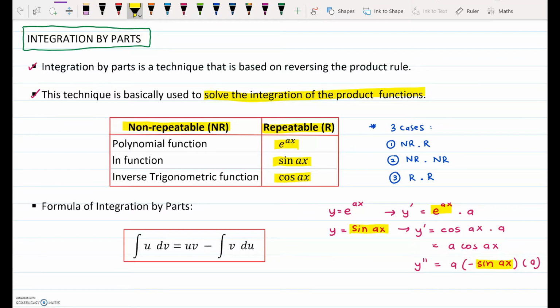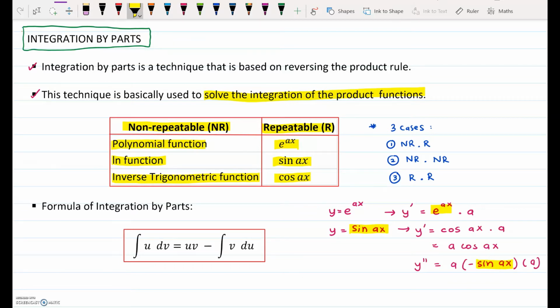That is why we call these three repeatable functions. As for the non-repeatable functions, we have polynomial functions, the ln function, and also inverse trigonometric functions. When we differentiate or integrate these functions, they will not repeat the same terms.